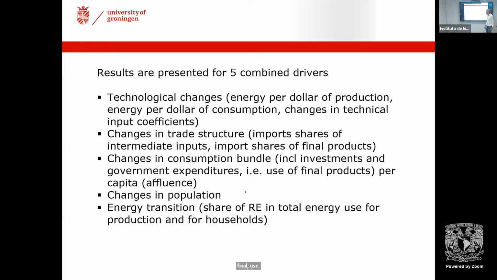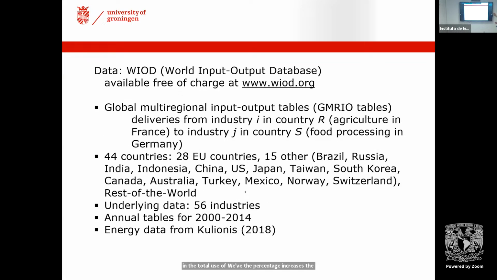We have changes in population, and now we have the changes also in energy transition. So it is measured as the share of renewable energy, 20%, in the total use of energy. If that percentage increases, the share of renewable energy increases.